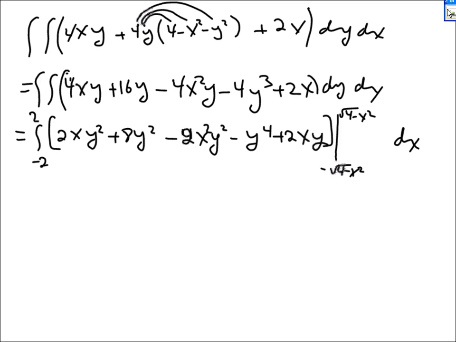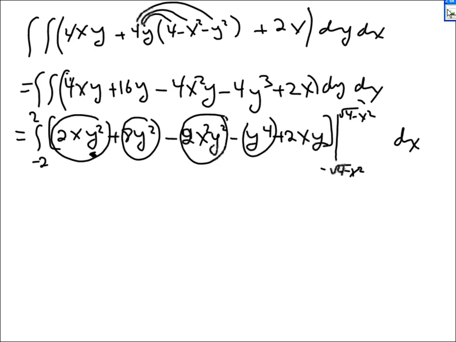Now, let's notice that this has an even power of y, and this has an even power of y, and so does this, and so does this one. So when you plug this in or that, you're going to get the same answer. And then you subtract. So it's just a matter of plugging it in here. And if you think about it, you'll get 2 times the square root of 4 minus x squared.